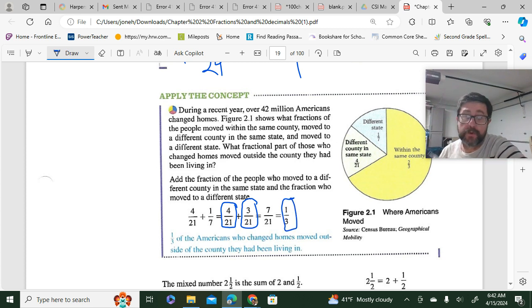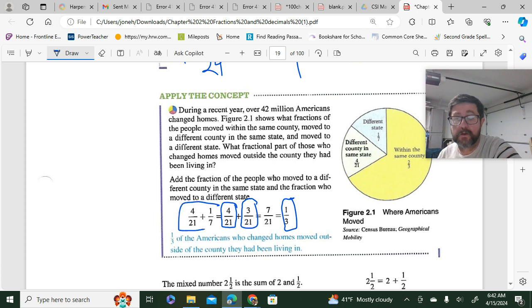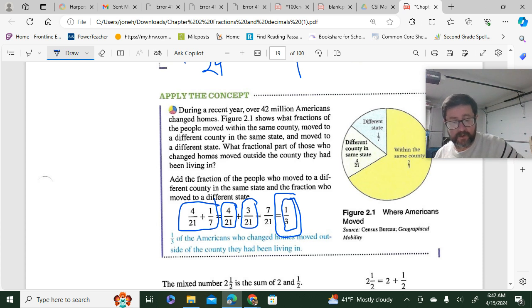Now, you put this equation into your calculator. The calculator is going to give you this answer right here, the simplified answer. So let's enter this into our calculator real quick. 4 fraction button 21 plus 1 fraction button 7 equals 1/3.